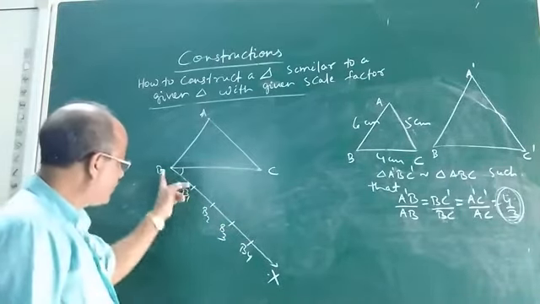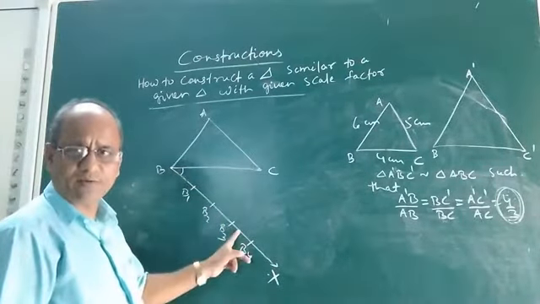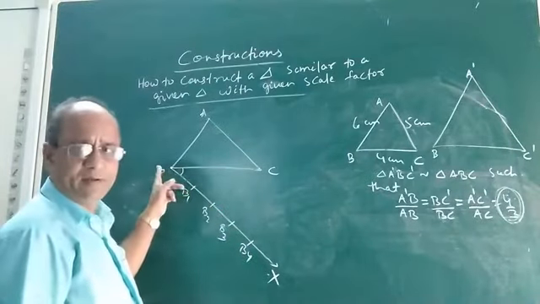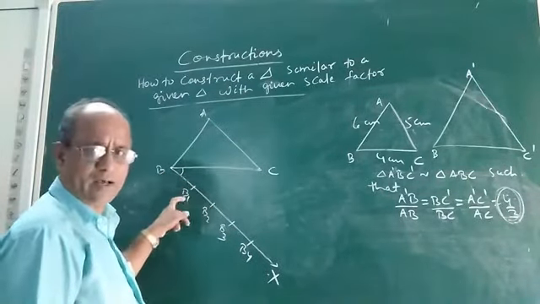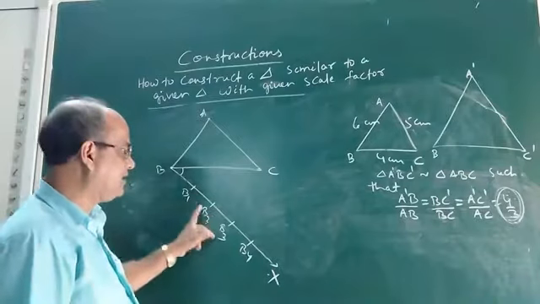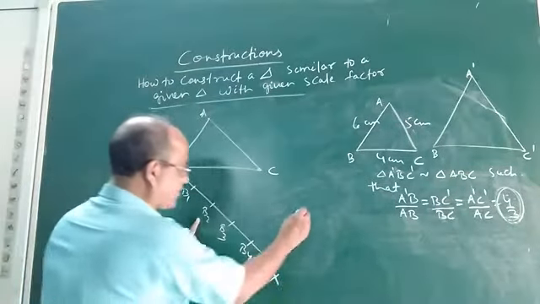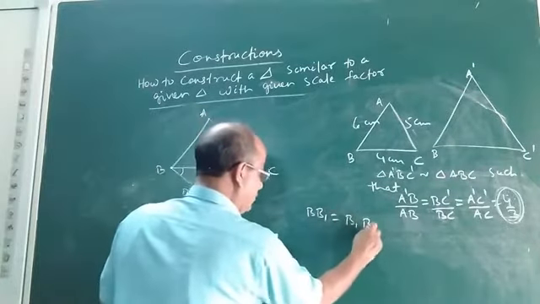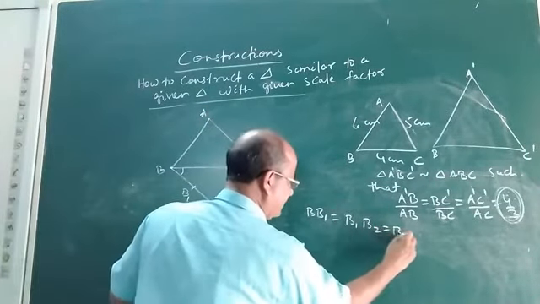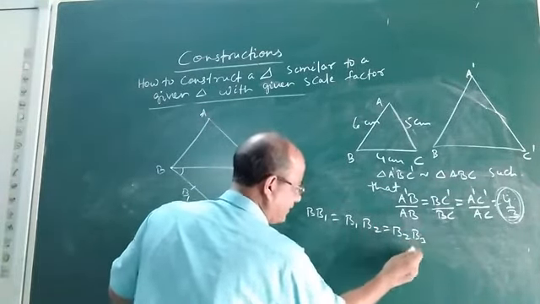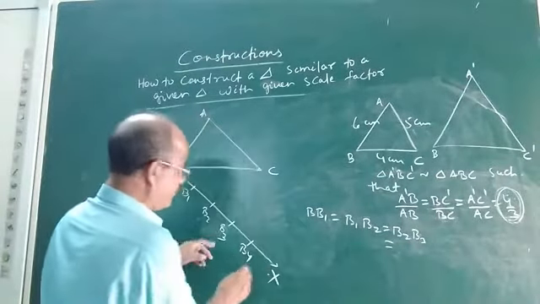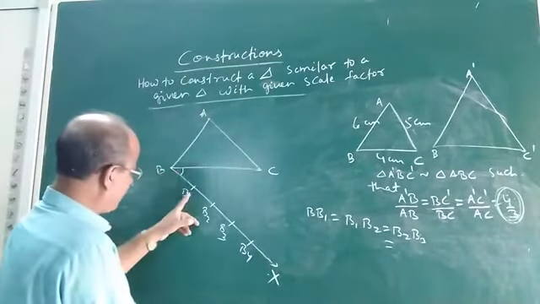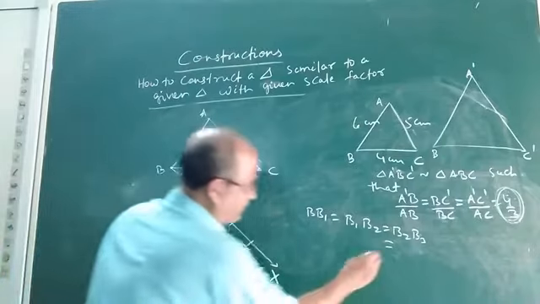So you have to cut 4 arcs, from B to B1 one arc, B1 to B2 another arc, B2 to B3 and B3 to B4, such that all the arcs are equal.